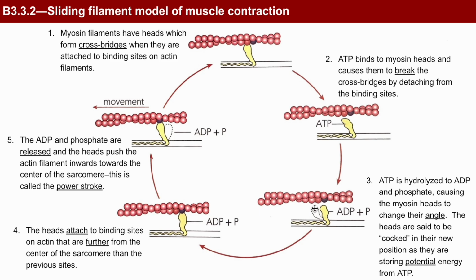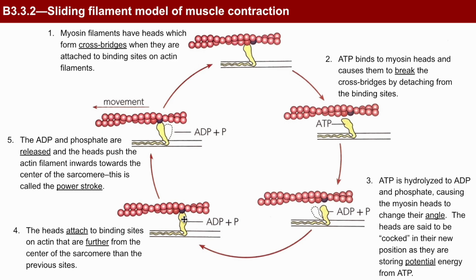This causes the myosin heads to change their angle. They get cocked up into their new position, as they are now storing potential energy from that ATP, but they're moving towards the Z line, because now when they reattach, they're moving further out. They've basically pulled back towards the Z line so that when they now pull forward, they can contract the actin towards the center of the sarcomere.